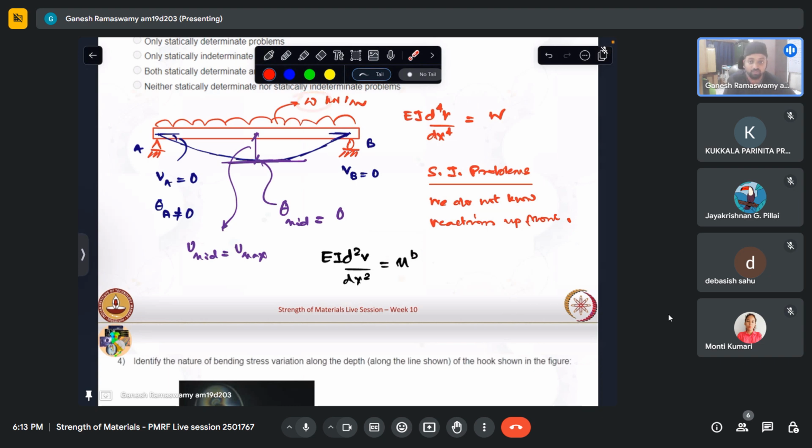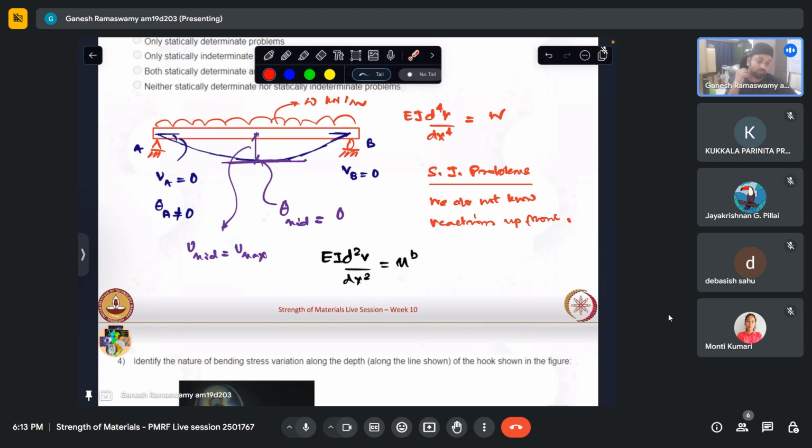No matter what the problem is, statically determinate or indeterminate, we'll definitely know the load. So if we were to approach it using the fourth order equation instead of the second order equation, this becomes useful in solving problems where the reactions are not known. There is no need for you to calculate the bending moment upfront. You can directly approach from the load, with the only catch that you have to integrate it 4 times.